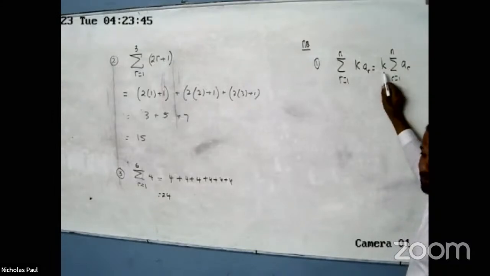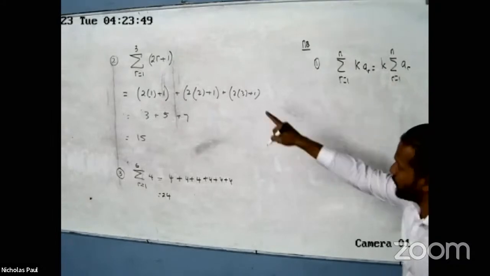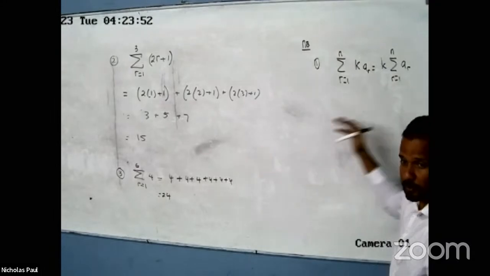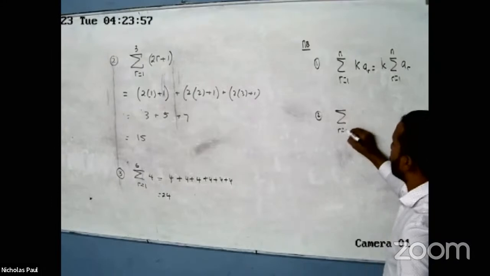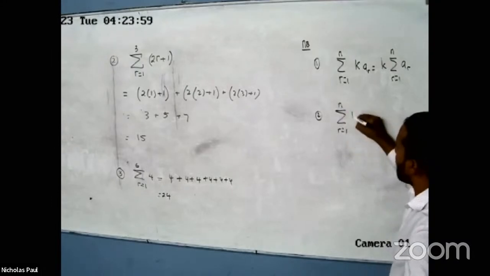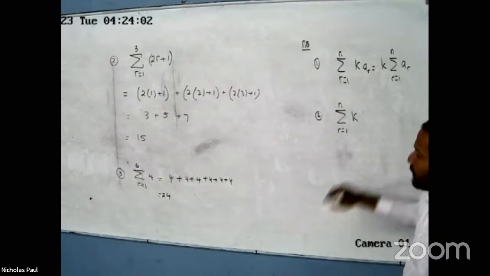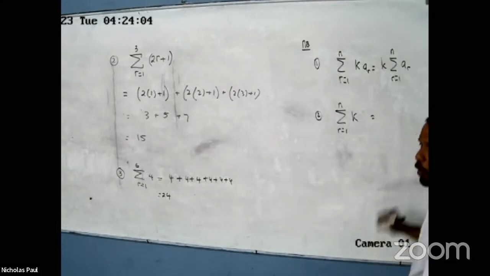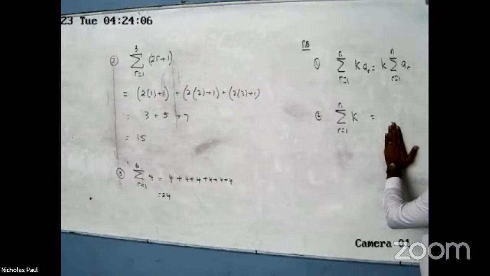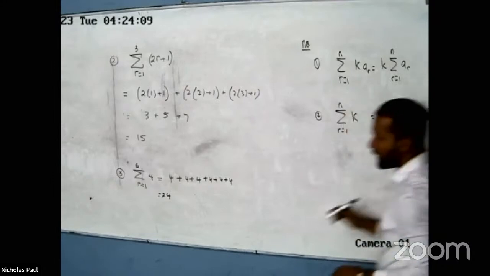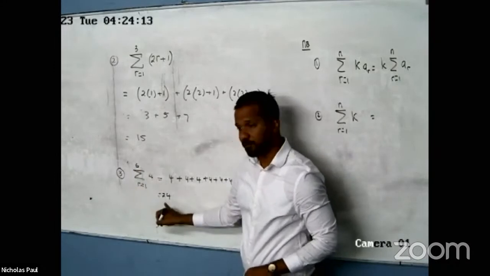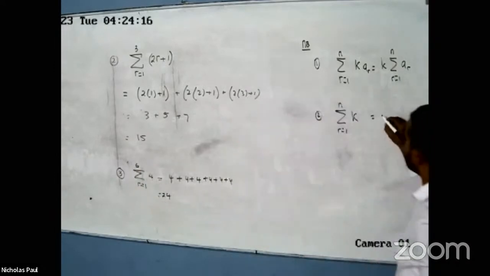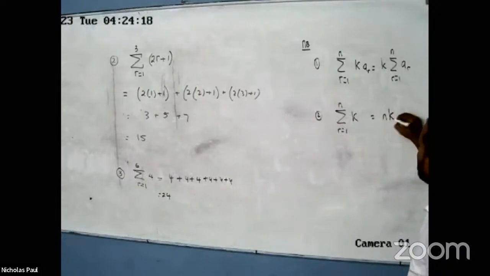Remember, I showed you this, right? You can factor it out. Same thing here, right? Suppose now you have to sum r going from 1 to n of some constant, just like our example here. What do you think I should write here? k by n, just like here. 4 by 6, right? 4 by 6 is 24. So here it is just n by k.